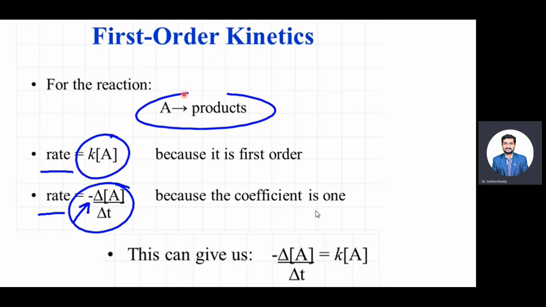First order kinetics: for a reaction where A is changing to product, the rate is equal to K times A because it's first order. So rate is equal to minus delta A divided by delta t because the coefficient is 1. This gives us minus delta A by delta t is equal to K A.